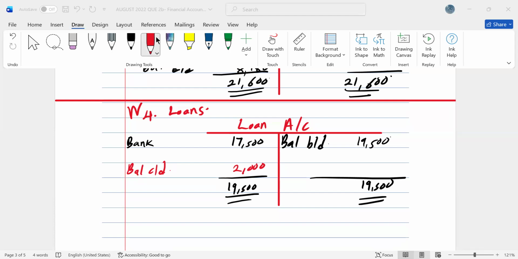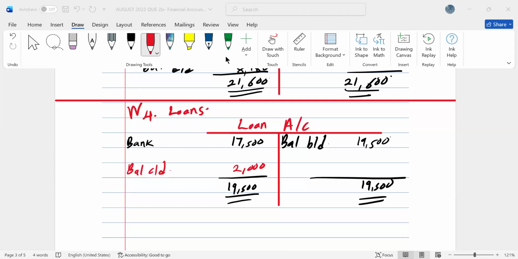What happens to loan interest? The loan interest doesn't really reduce our loan amount. Remember, the loan amount that we've been given here is just the principal amount. It's not inclusive of the loan interest. So that loan interest will just be taken in the income statement as an expense on its own.